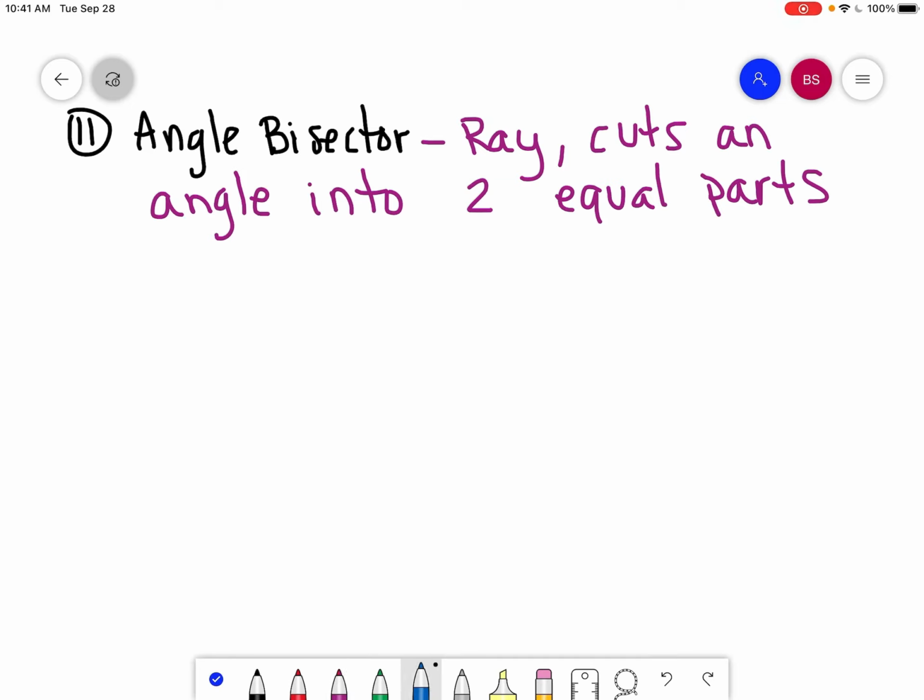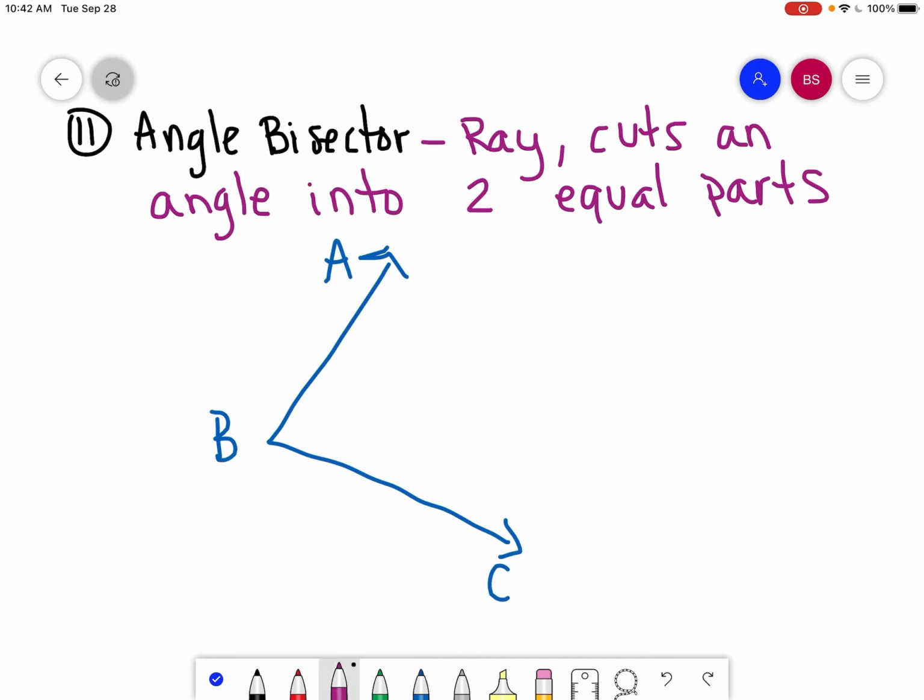Okay, so draw my angle. Let's call it A, B, and C. Okay, and now I'm going to draw a ray in the center of that angle. See, it's a ray because it has an endpoint. Okay, and we'll call that X.